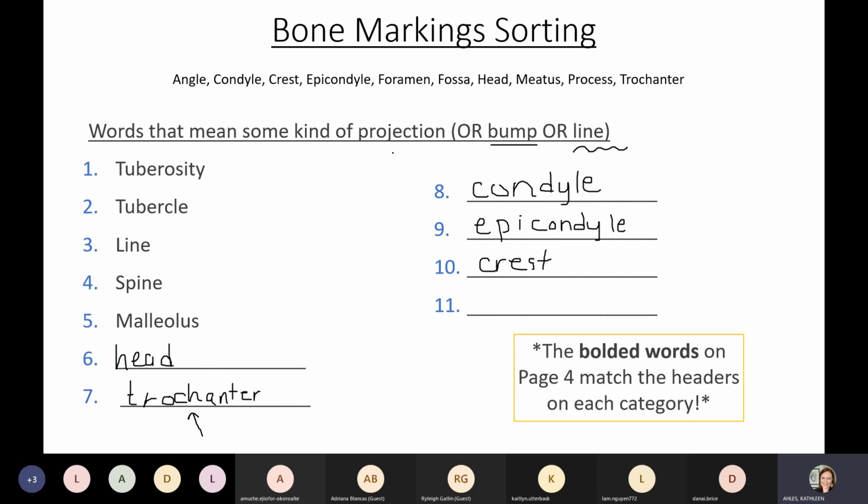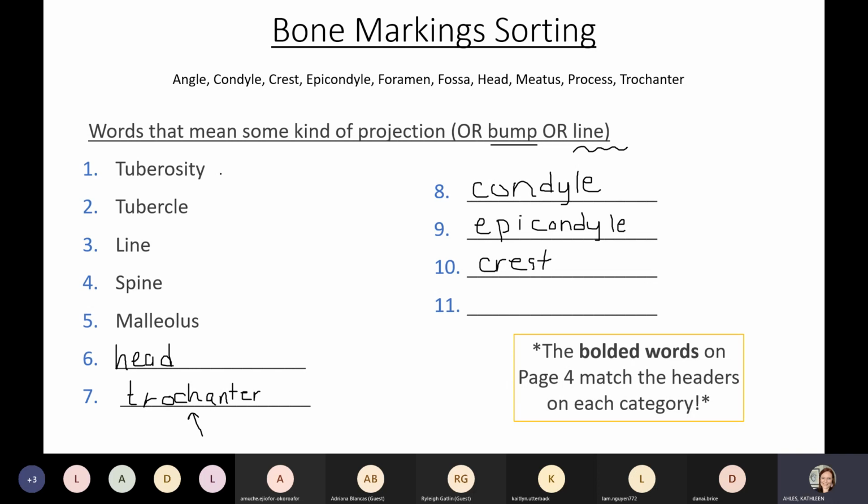The reason that you need to memorize what group these words go into is because on the midterm exam, I'm promising you that I'm going to give you a picture of several different bones with different bone markings labeled. And I'm going to ask you, hey, which of these is most likely to be the tuberosity?